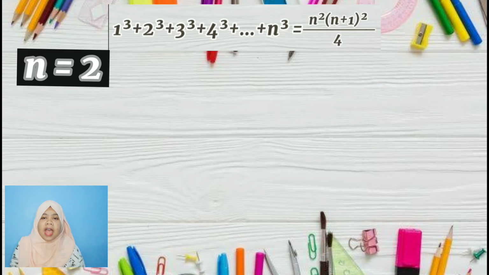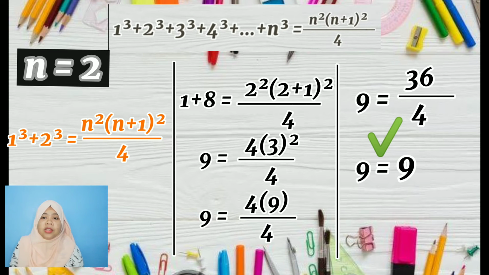Now let's have n is equal to 2. So we have this on the left and on the right side we have this. Next thing to do is to solve 1 cube plus 2 cube, so we have 1 plus 8. And on the right side we substitute the natural number 2, so we have 2 squared times 2 plus 1 squared all over 4.